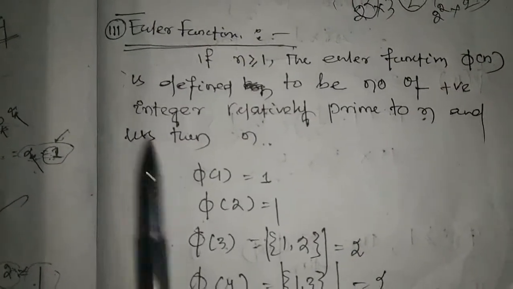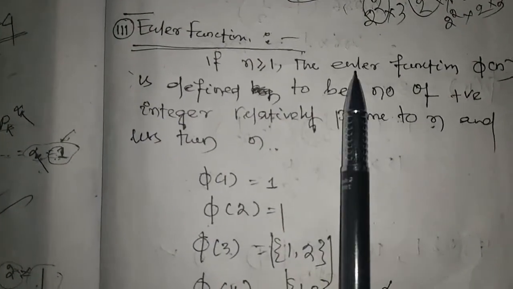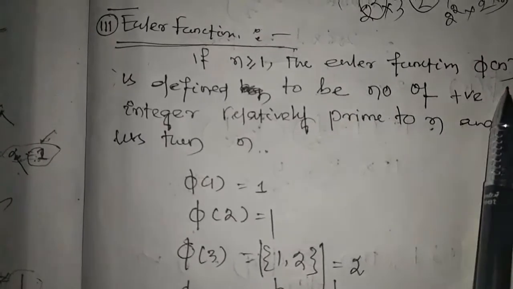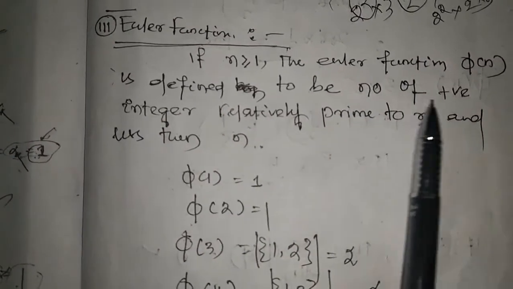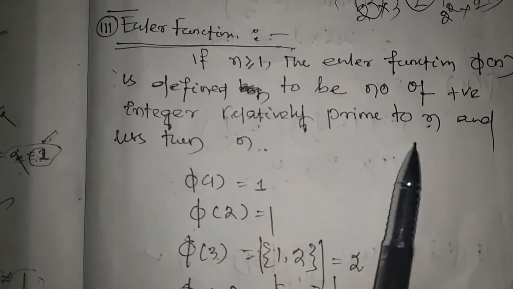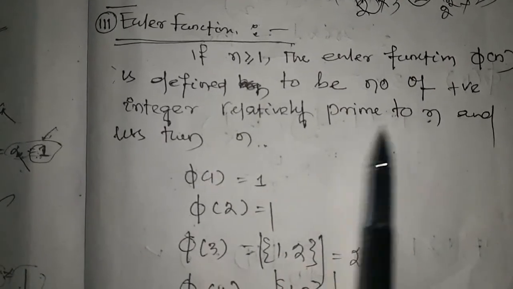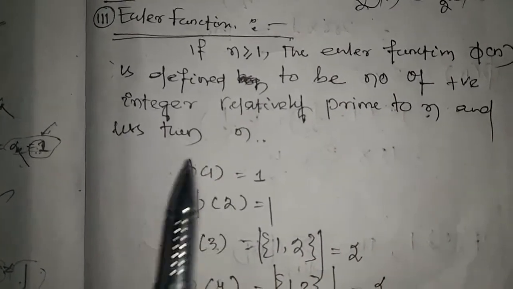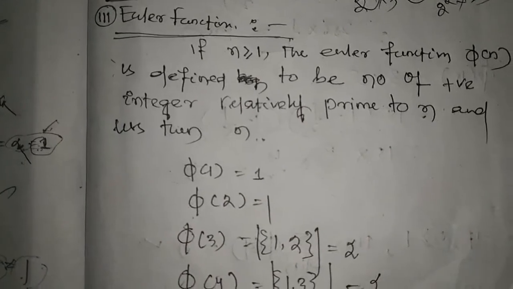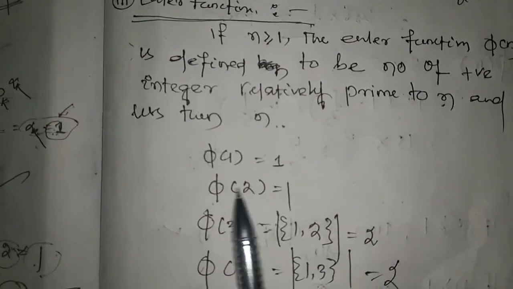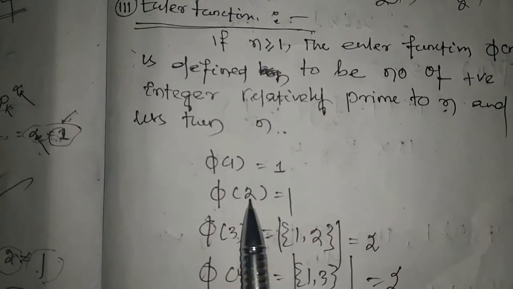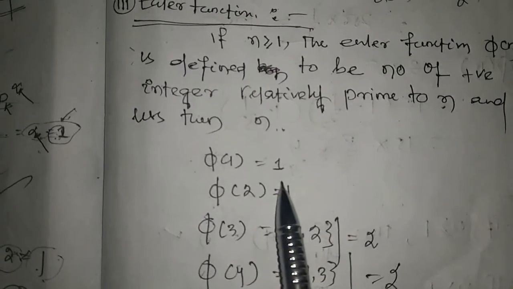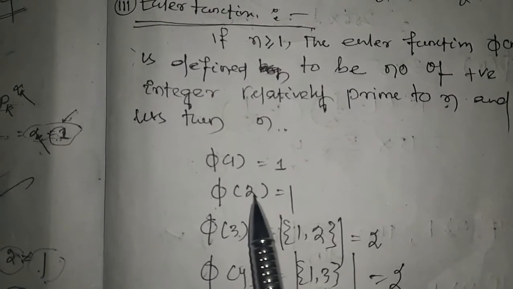Now the very important Euler function. If n is greater than 1, the Euler function phi n is defined to be the number of positive integers less than n that are relatively prime to n. That is, phi 1 is equal to 1. Phi 2 is also 1, as there is only one number less than n and co-prime to n.